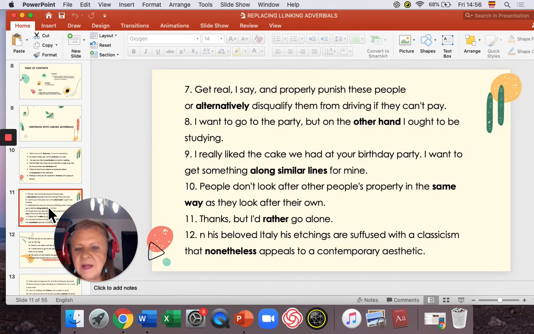Next one is, I really liked the cake we had at your birthday party. I want to get something along similar lines for mine. So you are just saying you want the same or very similar. Okay? Next one. People don't look after other people's property in the same way as they look after their own. Okay? So it means, in the sentence, that people in general are not very careful about others' things as about their own things.